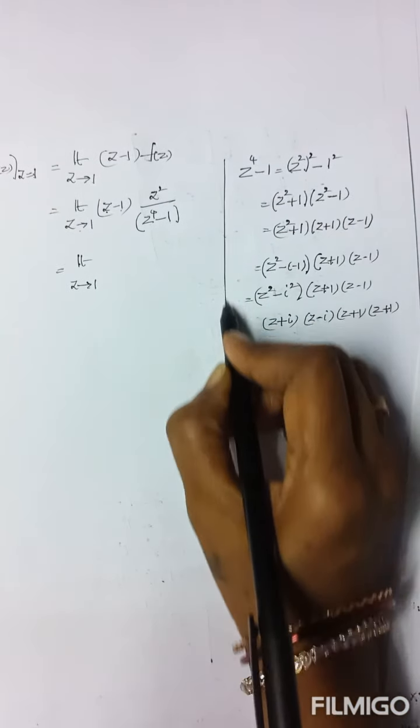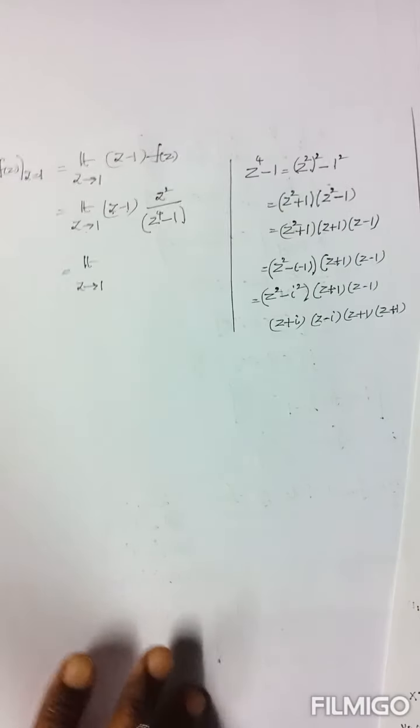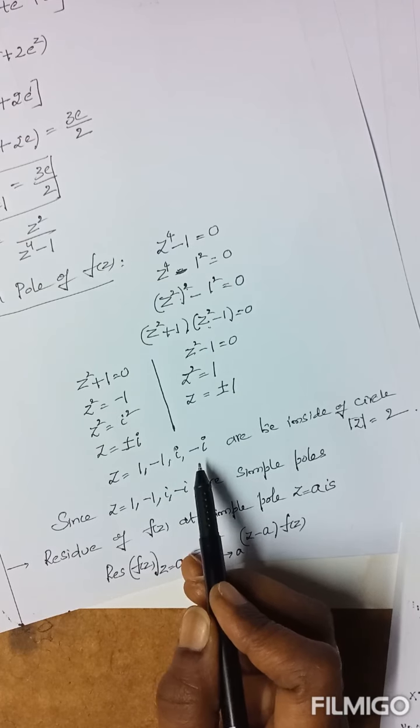This is the expansion of z power 4 minus 1. Or, just now we found the roots of z power 4 minus 1, and from these roots also we can write the factors.